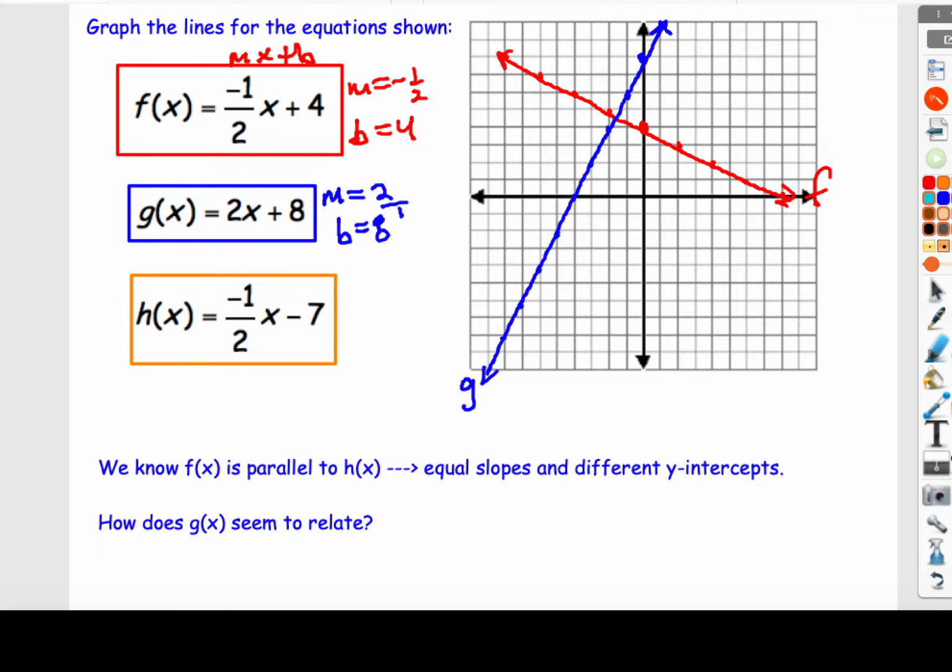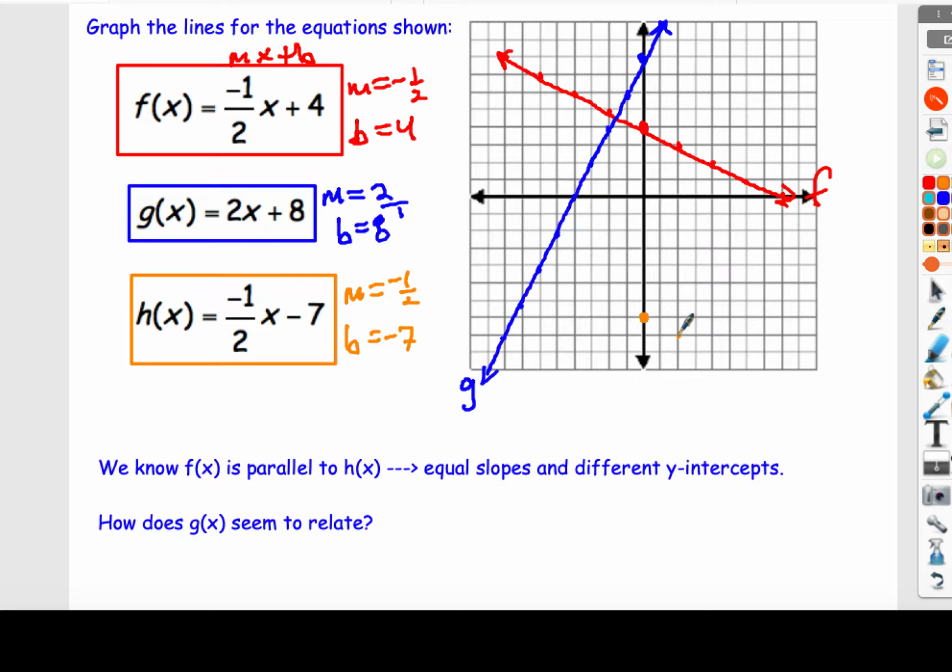And then finally, h of x has a slope of -1/2, which is the same slope that we had up there at f of x, only I'm starting at a different place. I'm going to start down at -7 on the y-axis.